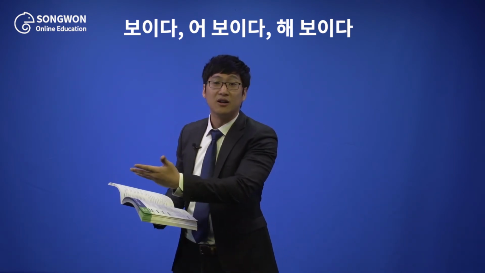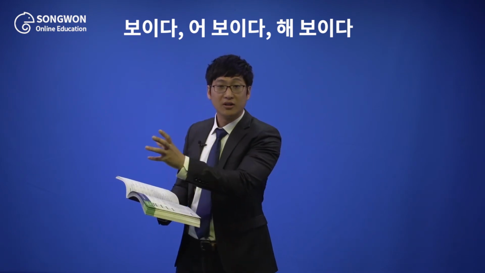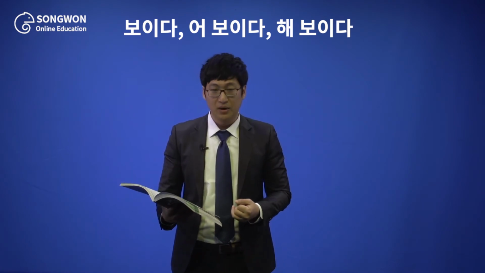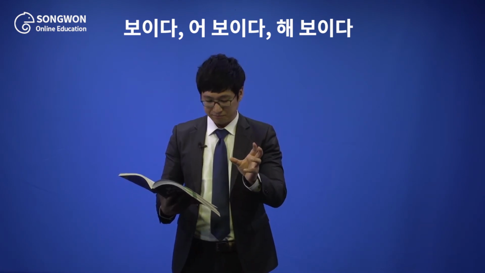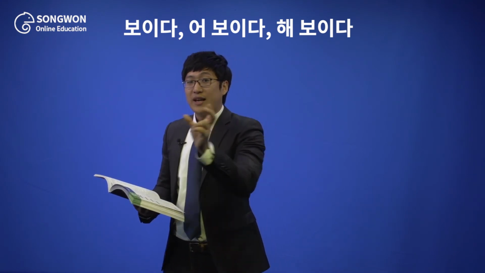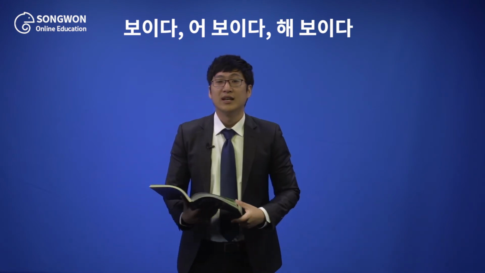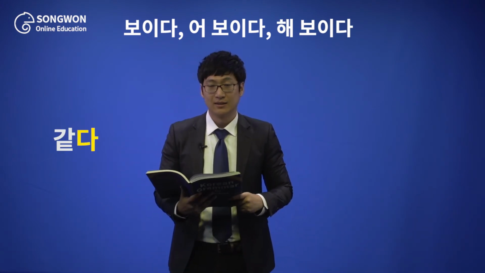It looks like a dog. So the dog is a noun, right? So we have practiced using adjectives. It looks cheap, you look tall, she looks tired, but we want to use nouns now. So, you look like a student. Then use 같다.